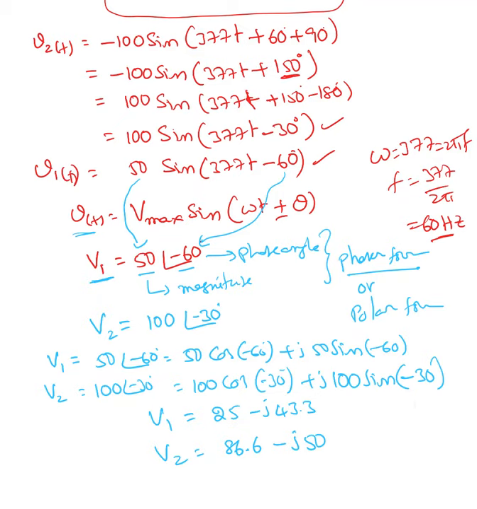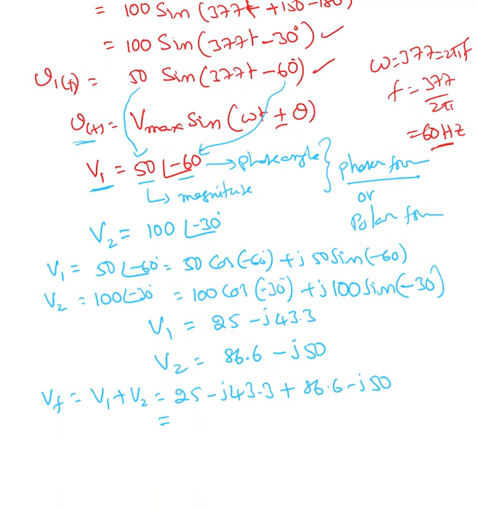Now I'm going to add them. Our goal is v final equal to v1 plus v2. I have 25 minus j 43.3 plus 86.6 minus j 50. When we add them, it is 111.6 minus j 93.3.